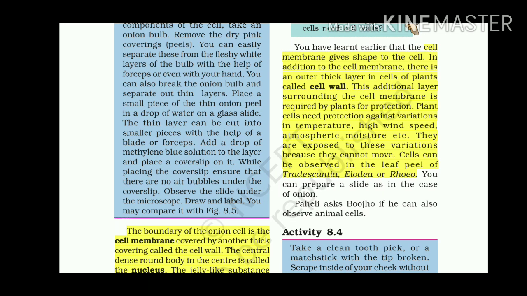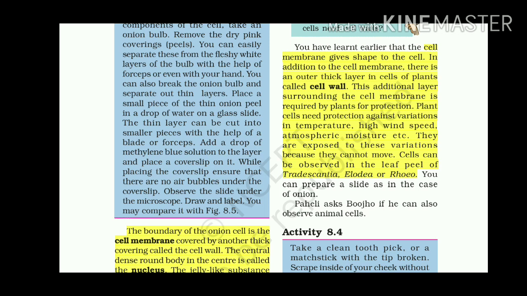In addition to the cell membrane, there is an outer thick layer in cells of plants called cell wall. This additional layer surrounding the cell membrane is required by plants for protection. The plant cell needs protection against variation in temperature, high wind speed, atmospheric moisture, etc. They are exposed to these variations because they can't move.